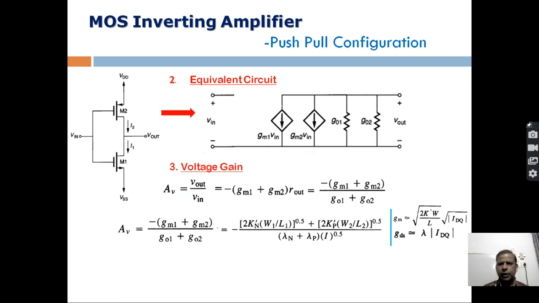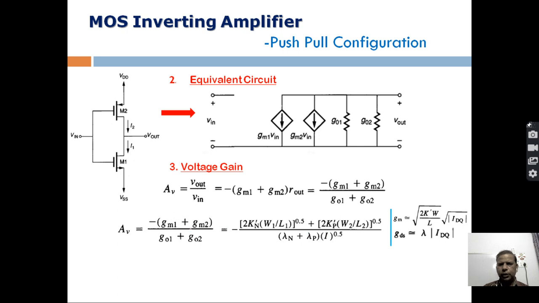Similarly, Gm2 is replaced by this part. This again has k prime, but we put P because this is for the PMOS device, and W2 L2 both for this PMOS device. The square root of IDQ was also there, but we took it as common and then cancelled it.